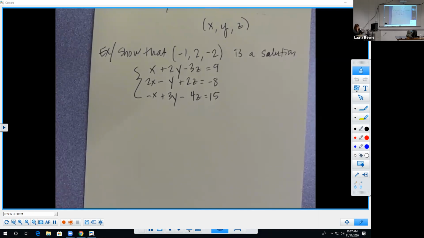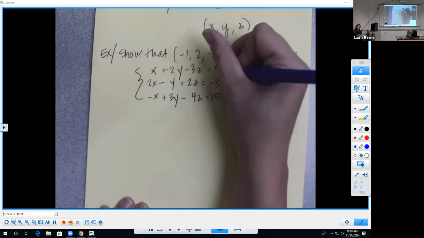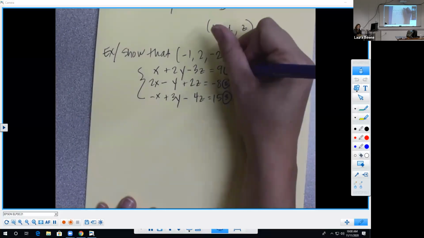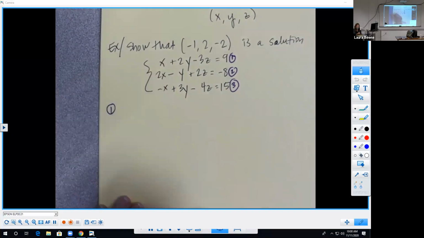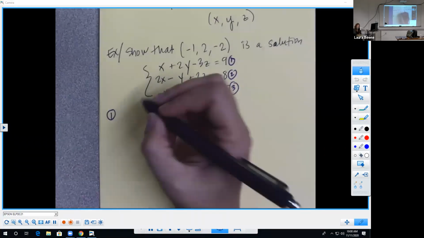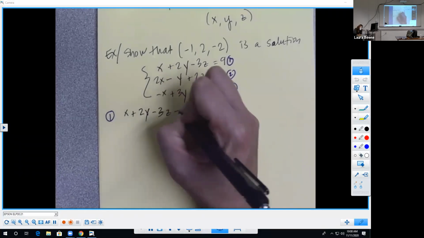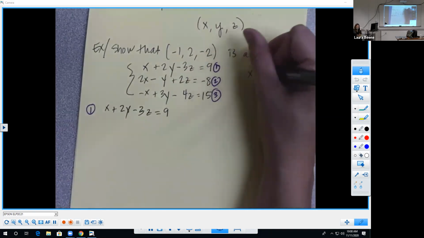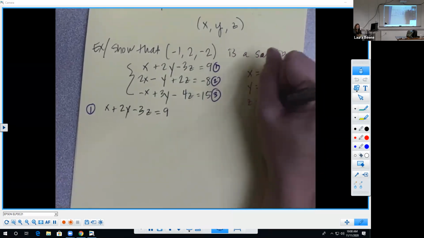Okay, so if I want to show that this is a solution, I need to plug it into all of my equations. I'm going to label my equations number 1, number 2, and number 3 so that I can keep them straight, and we're going to do this throughout the day today. Starting off by plugging it into equation number 1, x plus 2y minus 3z equals 9. What we're plugging in is this ordered pair, where x is -1, y is 2, z is -2.